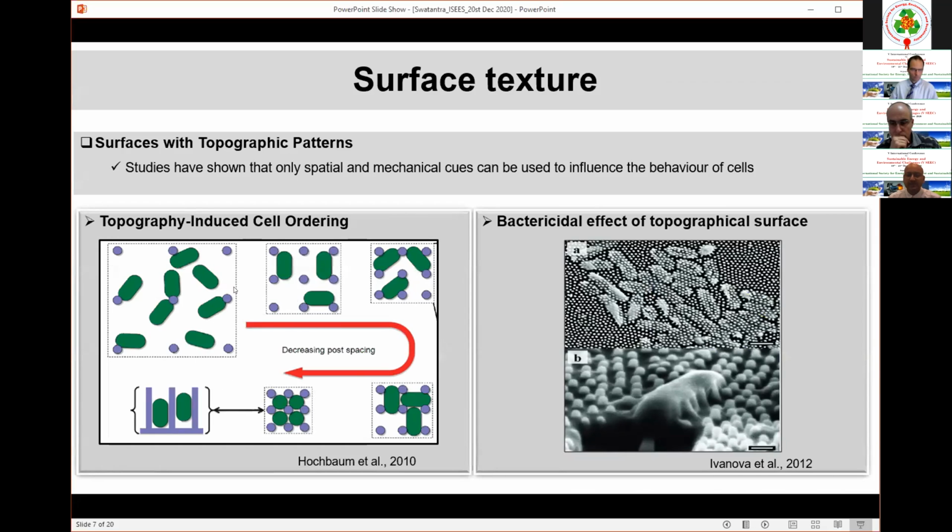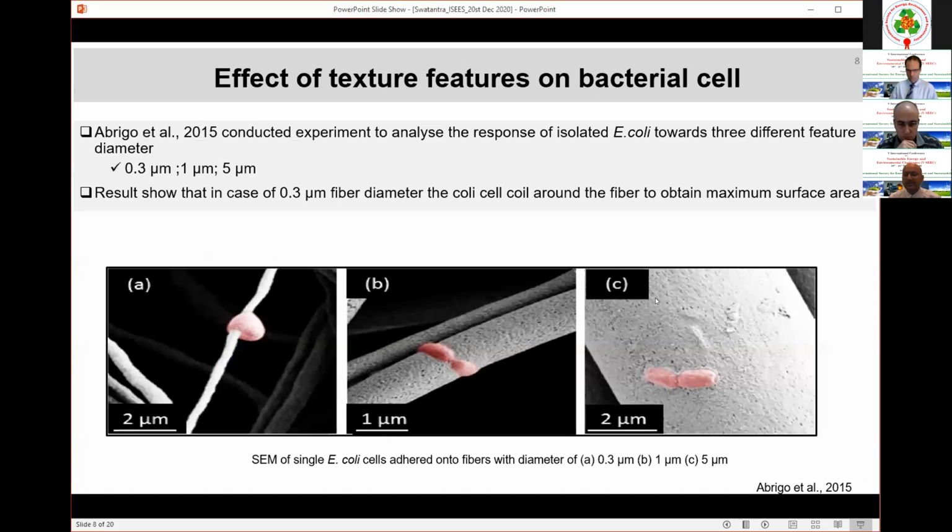On the basis of that, a change in the deposition of these microorganisms, the bacteria, has been seen. If the spacing is wide, they can just grow in such a manner, and here you can see it's very difficult for these organisms to grow. Basically, these micro- and nano-size pillars can destroy the bacteria. So by this, we can delay the attachment.